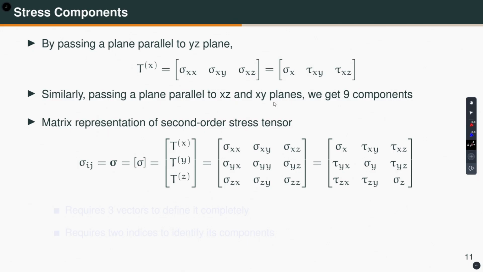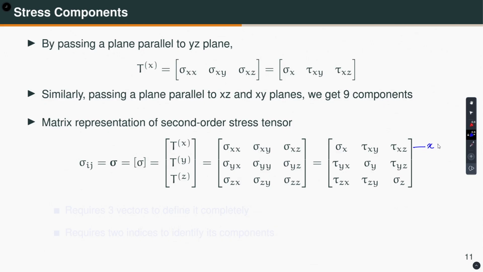We can write them in a matrix form. Tx, the components of Tx, are these, which we have already seen here. Then the components of Ty, which is the traction vector acting at the same point O on a plane whose unit normal is in the positive y direction. These are the stress components, and for Tz these are the stress components. If you see carefully, each row represents the plane.